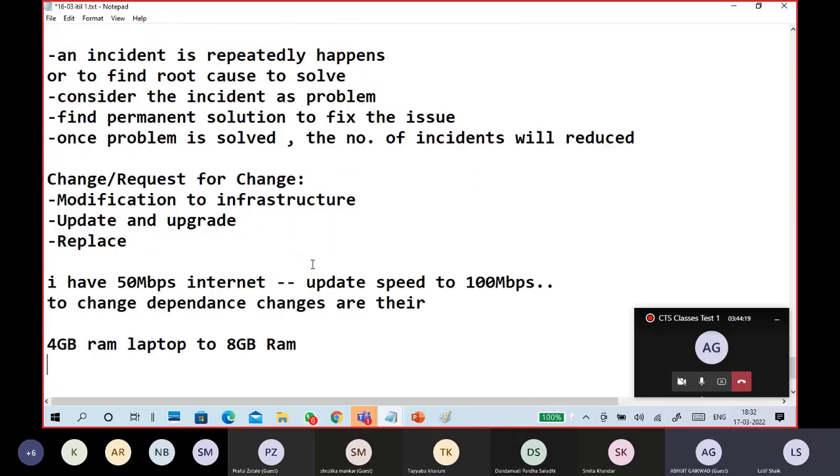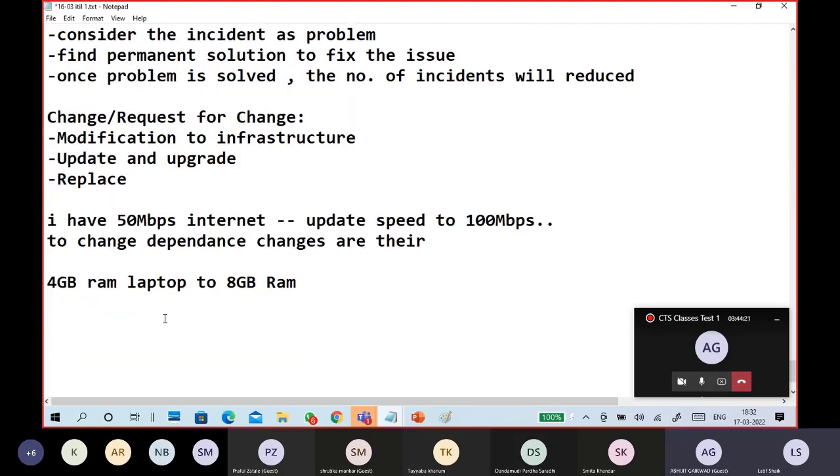Okay, like this is also upgradation, or maybe problem solving.